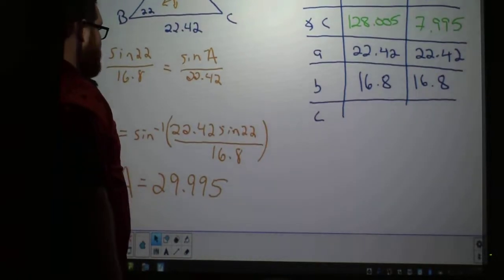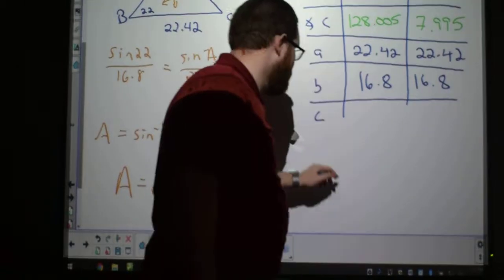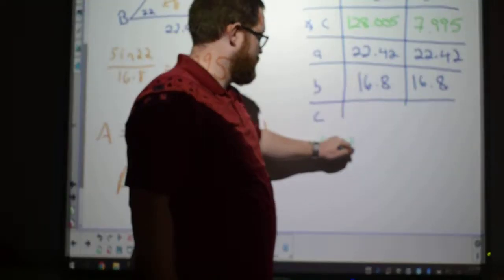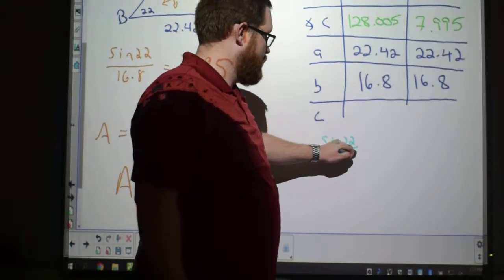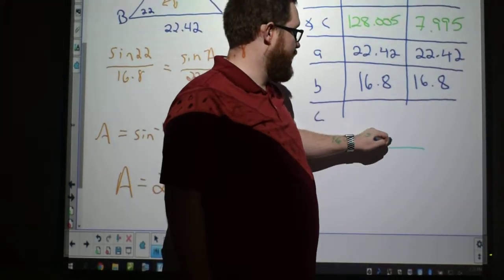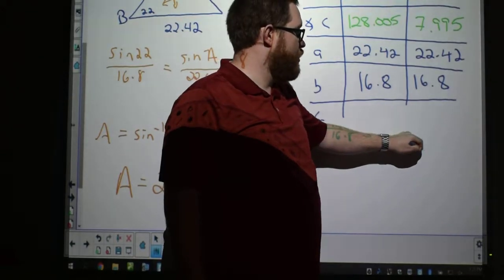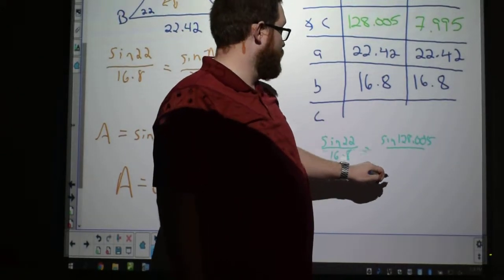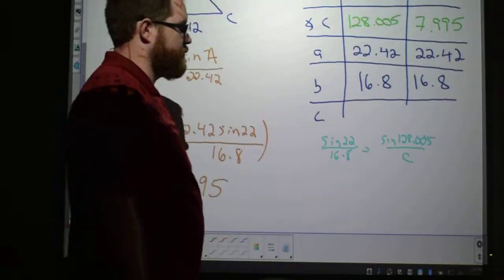My setup's going to be the same. Sine of 22 over 16.8 equals, I'm going to find the side that matches the first triangle, so sine of 128.005 over side C, which I don't know.